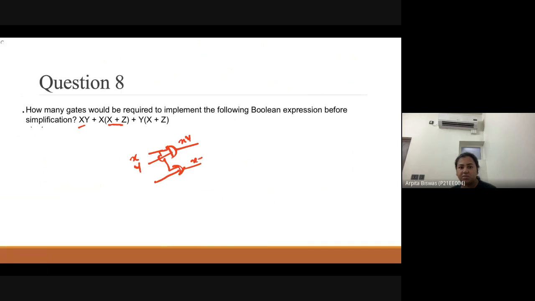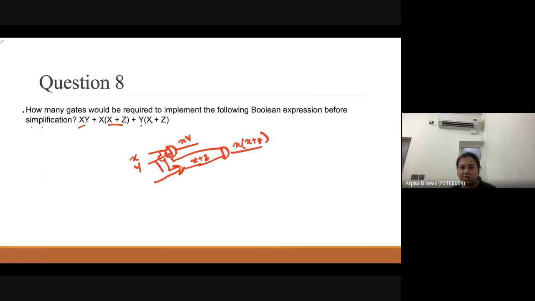So here x plus z is coming, and then you have to multiply with x again. From here to here, multiply, it is an AND gate. So you are getting x into x plus z, right? And one more thing, y into x plus z.